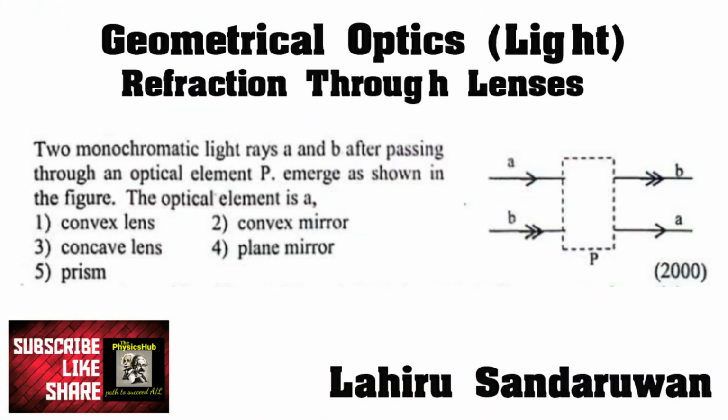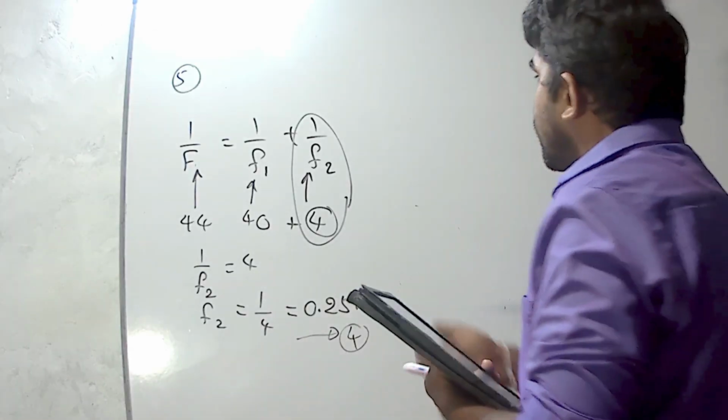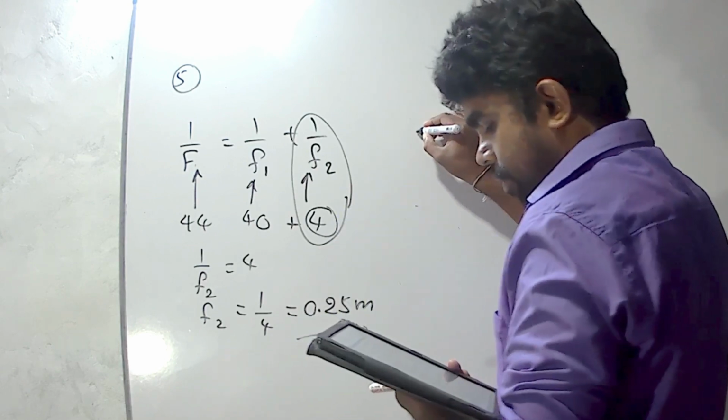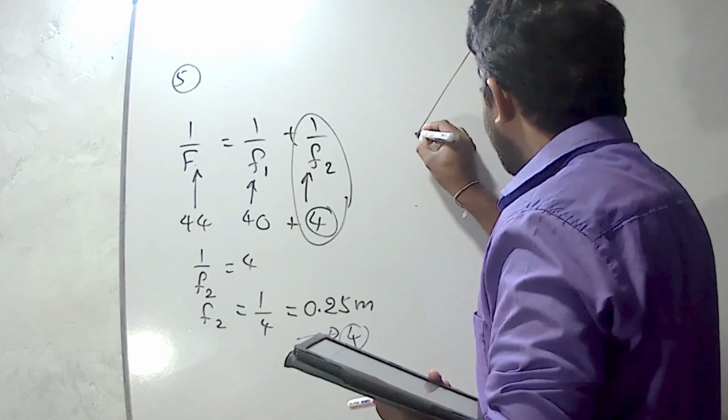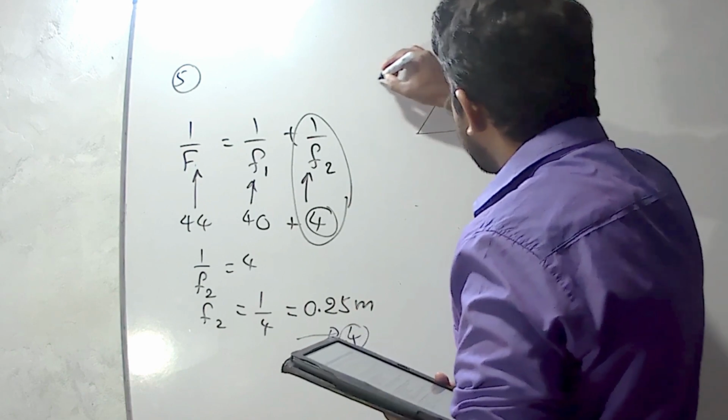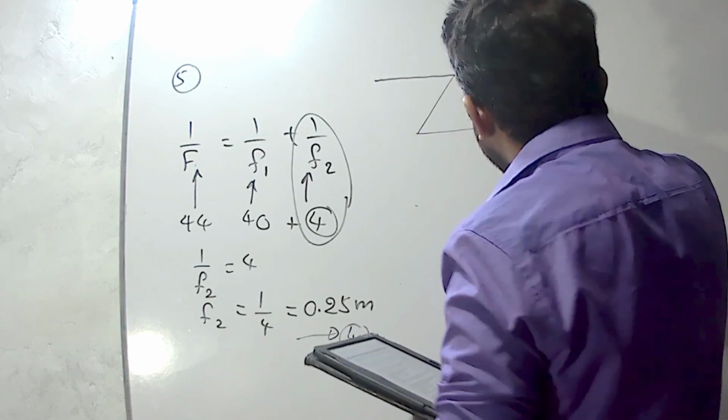Two monochromatic light rays, A and B, after passing through an optical element P, emerge as shown in the figure. What is the optical element? It should be like this. We can get it by using a prism with the corresponding angle.